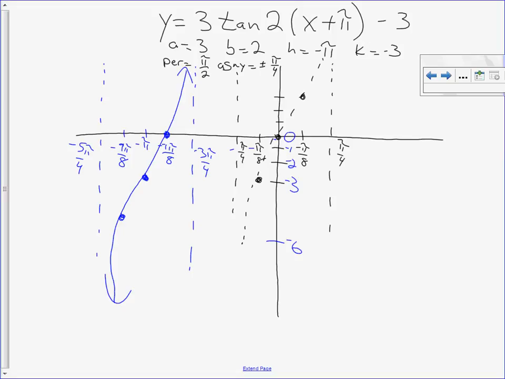Okay? So tonight, what I want you to do, just a couple of shifted tangent problems. So on page 845, I'll give you 6 of them, 44 through 49.